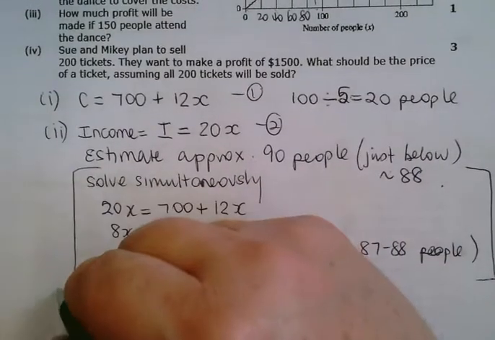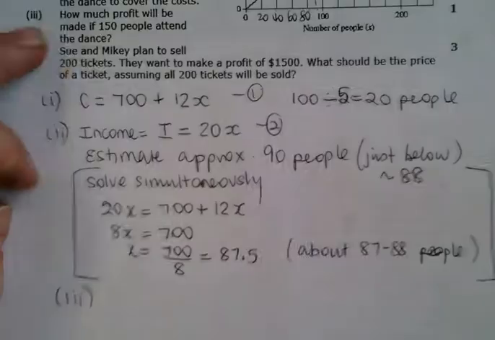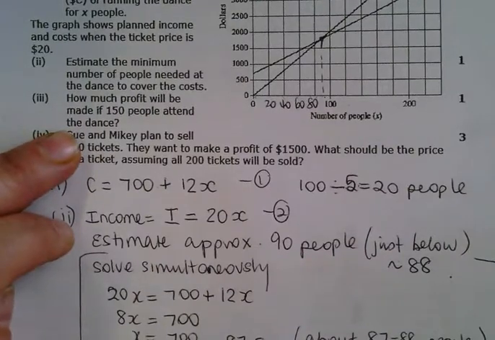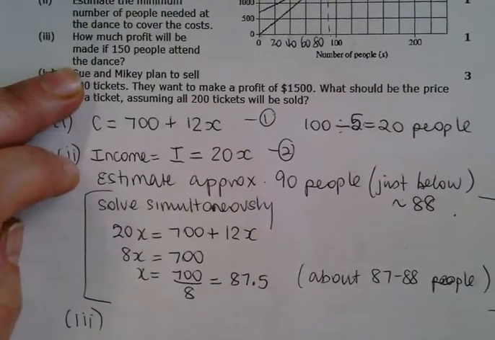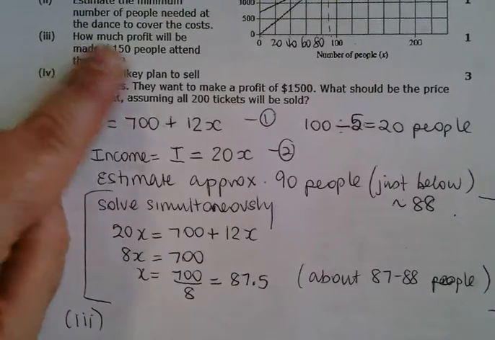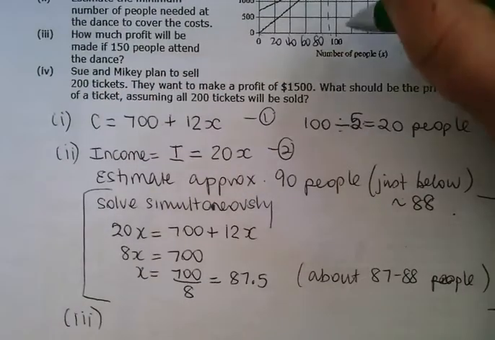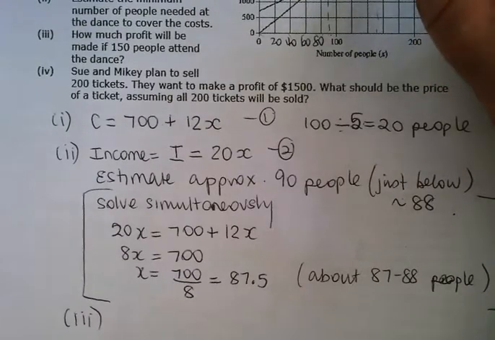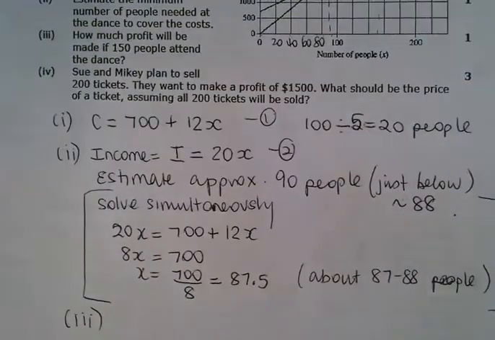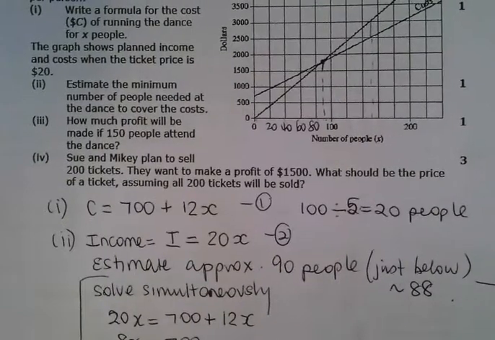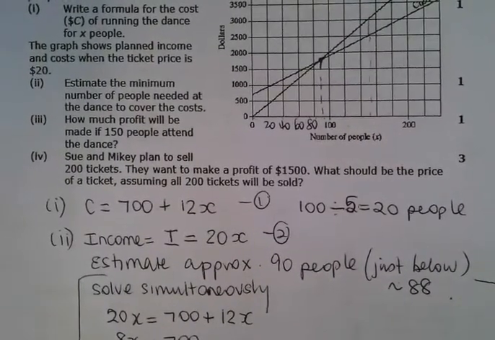Now, part 3 says, how much profit will be made? Now, this is asking how much. They want no estimate. They want an exact amount. How much profit will be made if 150 people attend the dance? Now, you can't really read those off for 150. You need to use the formula.